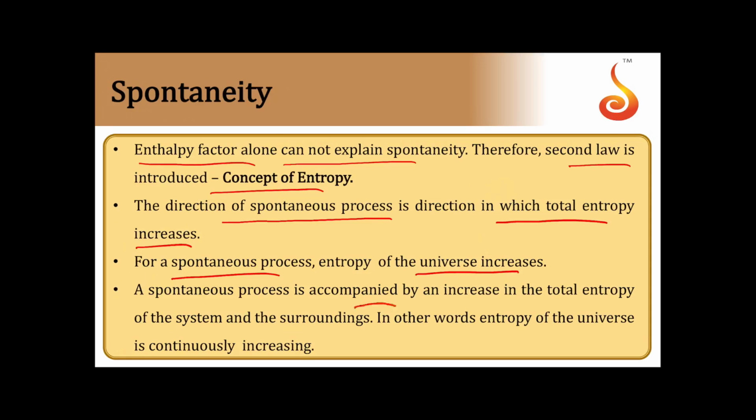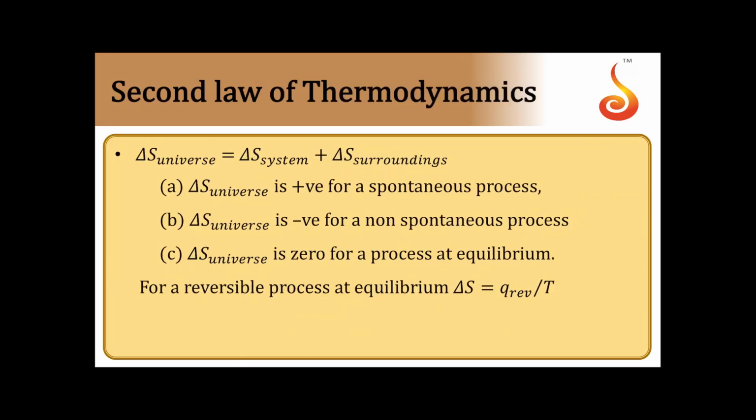A spontaneous process is accompanied by an increase in the total entropy, meaning the total entropy of system and surroundings. In other words, the entropy of the universe is continuously increasing because of the processes taking place. So delta S of universe is given by delta S of system plus delta S of surroundings.